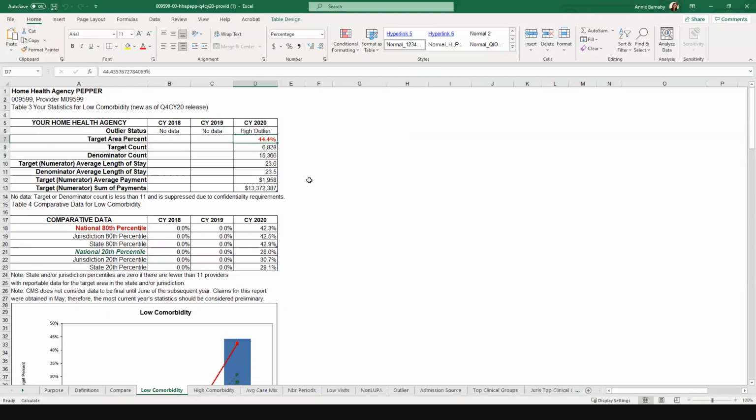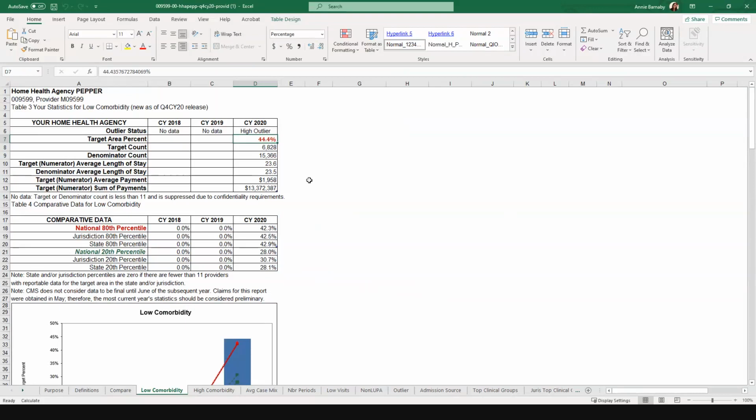Now, this sample provider has an outlier of 44.4%. As we discussed before, if you are a high outlier, if you are in that 80th percentile, then the outcome is going to be written in red bold font, which you can see here it is.